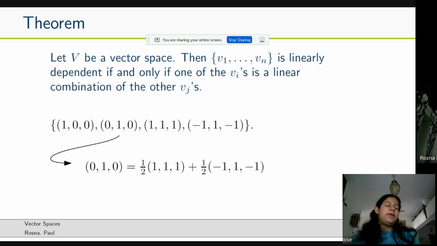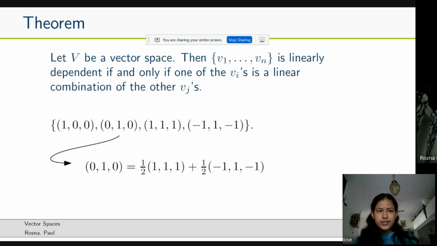Can I pick any of them and say, okay, this is the one which is a linear combination of the others? Is it possible to write any vector in this linearly dependent set as a linear combination of the others? What do you think? I hope the question is clear.